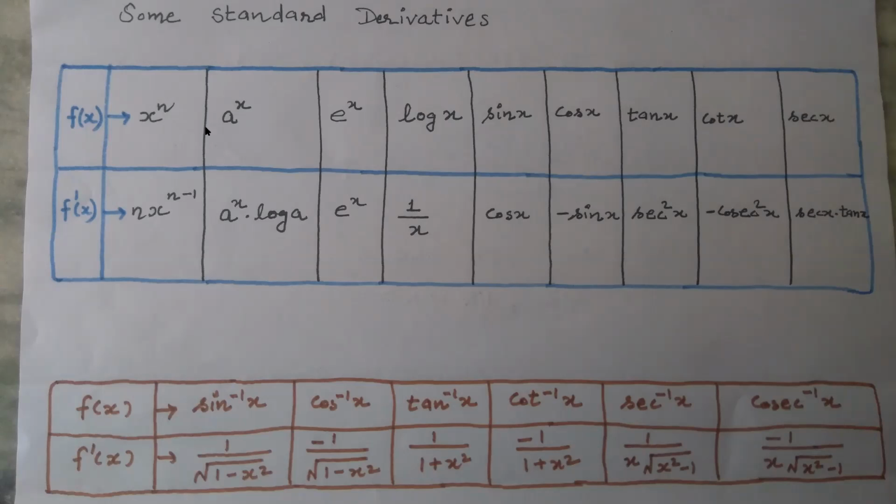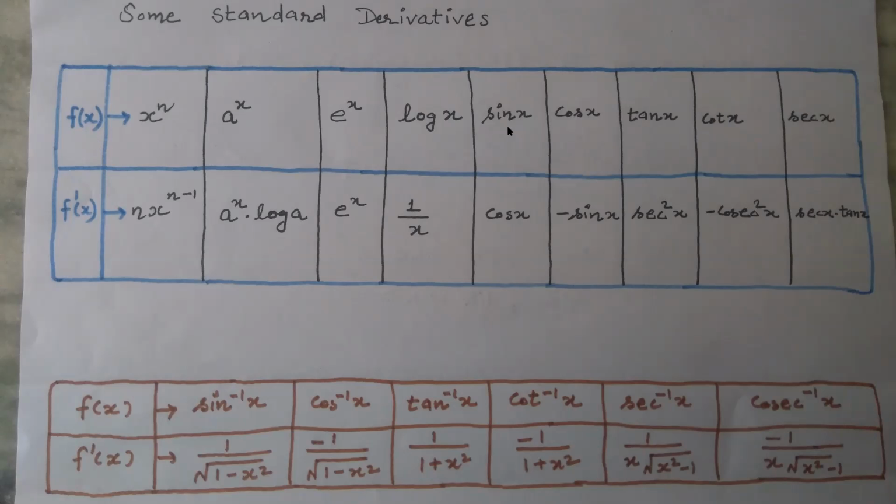Next is the exponential function. If f of x is equal to e raised to power x, then its derivative f dash x is equal to e raised to power x. No change. Next, f of x is equal to log of x. Then the derivative f dash x is equal to 1 upon x.